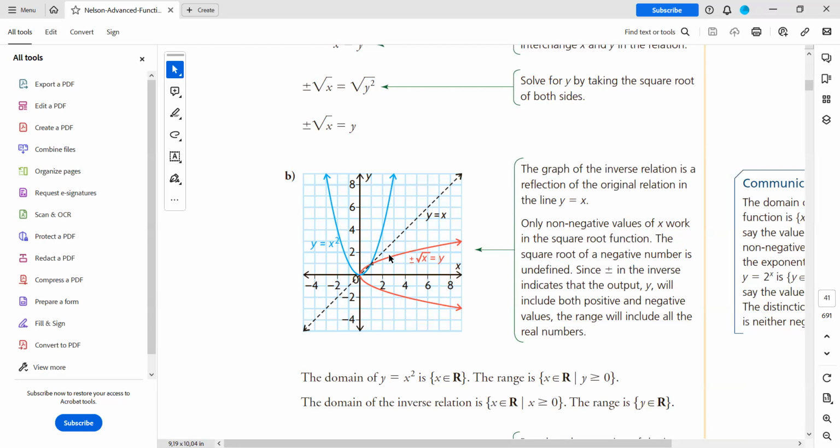Because we cannot take a square root of a negative. The square root of a negative number is undefined, since plus minus in the inverse indicates that the output y will include both positive and negative values. So the range will include all the real numbers.